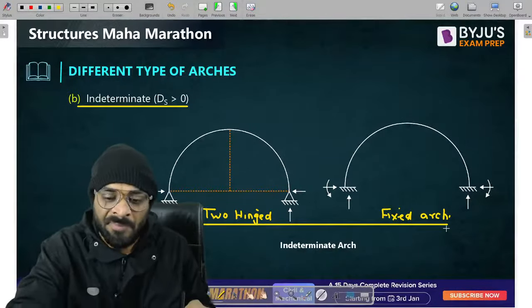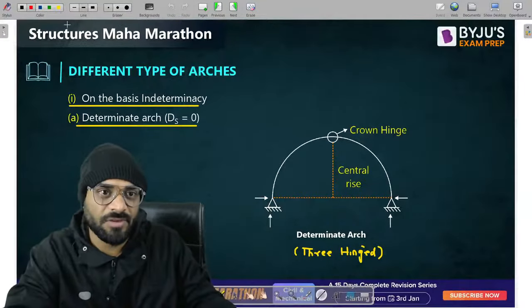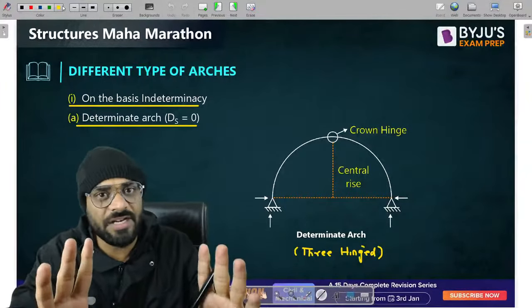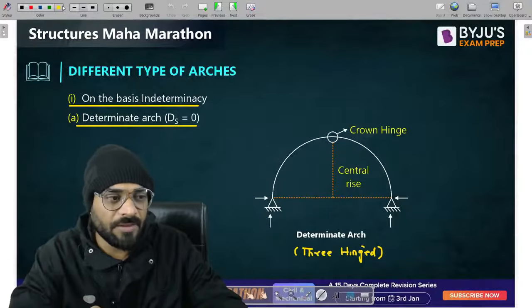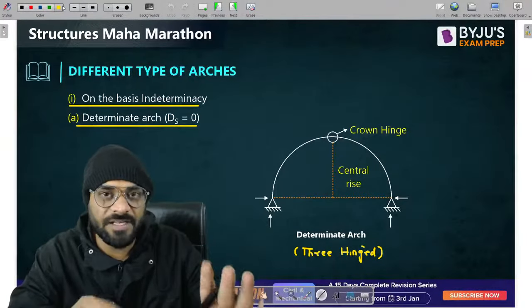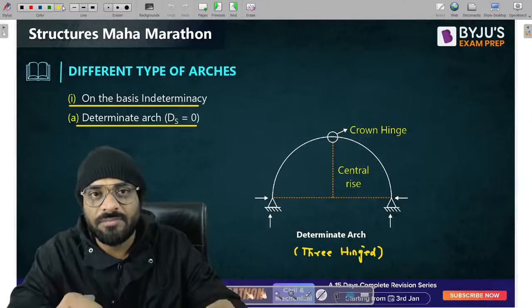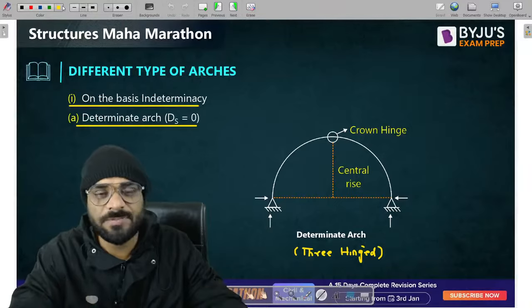But guys, as per your GATE syllabus, let me tell you one thing. You have to just understand the two-hinge arch and the three-hinge arch. But if we see the past PYQs, we have found there are very few questions from this particular chapter.